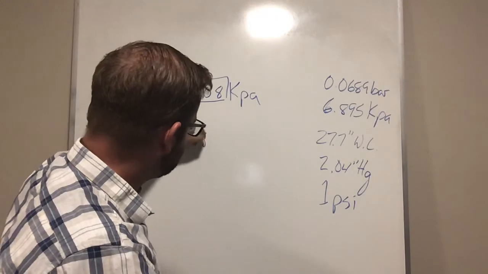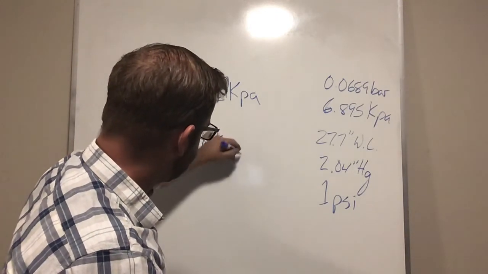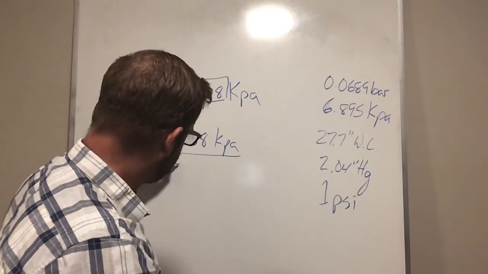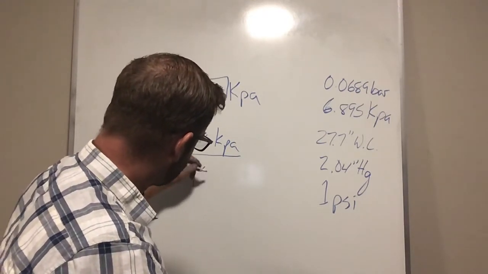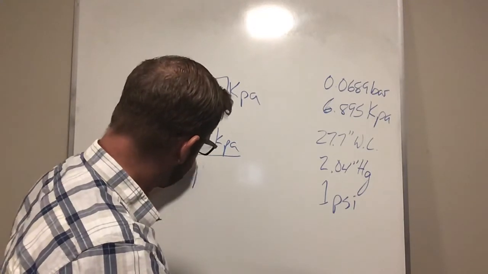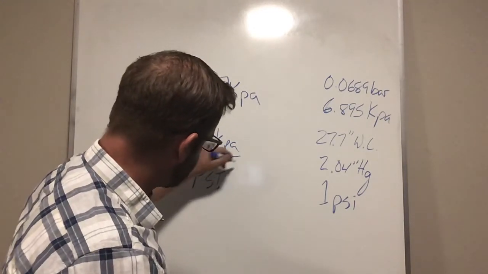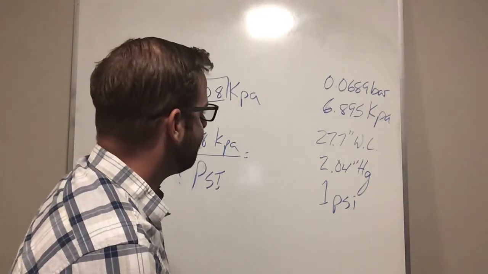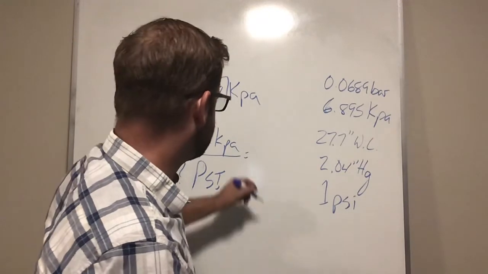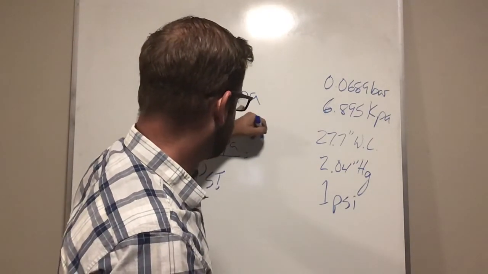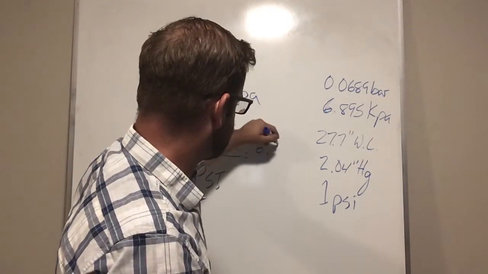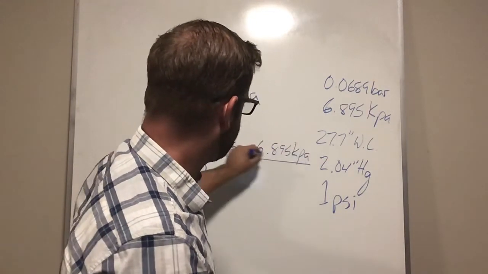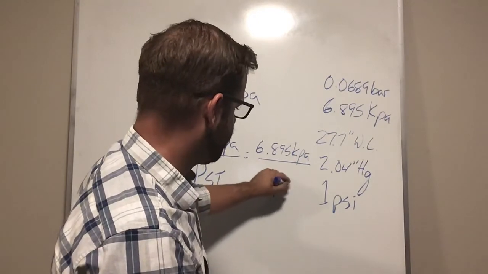So 208 kPa to PSI right here. And then we're going to do 6.895 kPa here and 1 PSI.